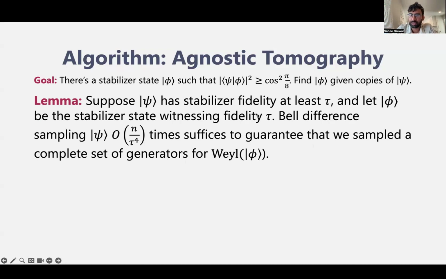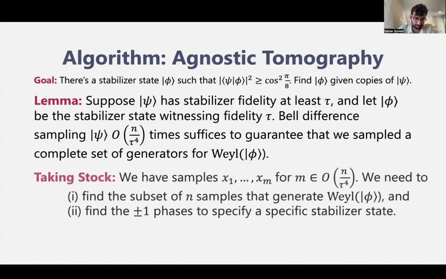And this lemma again just uses the fact that psi is close to some stabilizer state to prove some structure on the Q psi distribution. And so taking stock of what we have, we're able to sample many times, and we know inside of the sample there is a set of generators for Weil phi.